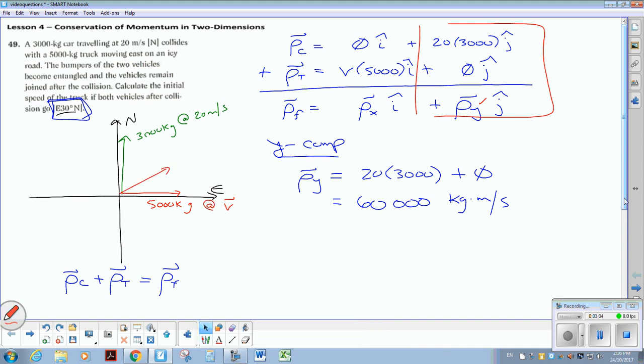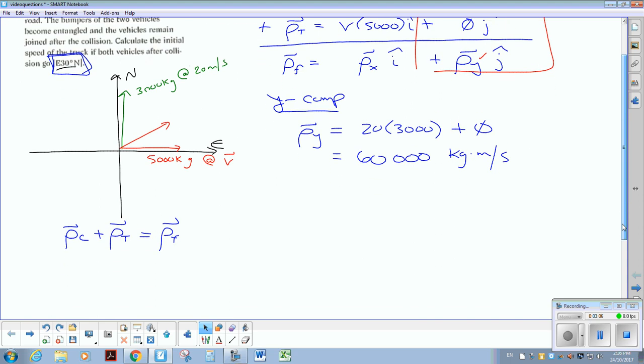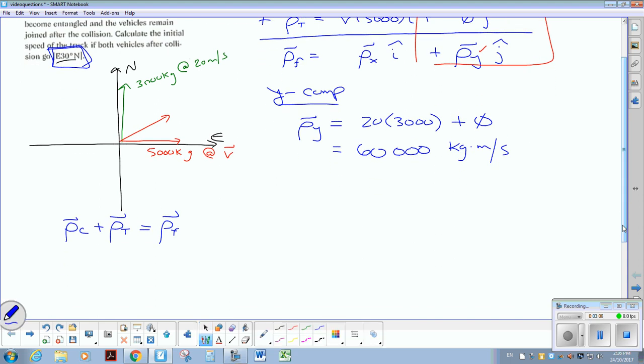That's the final momentum. Well, I can go to my trigonometry because I know that to find the angle, I need to take the value of the y component over the value of the x component. I'm just going back to vectors. And I know the angle is given. It's 30 degrees. So tan 30 equals 60,000 over the momentum in the x.